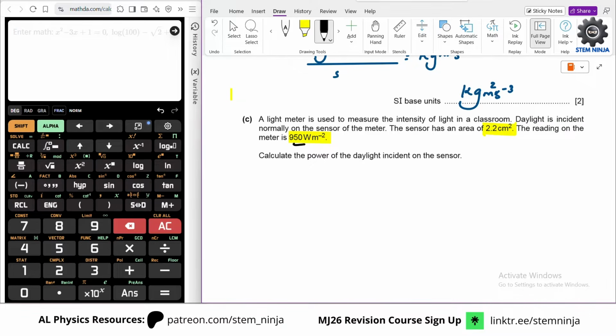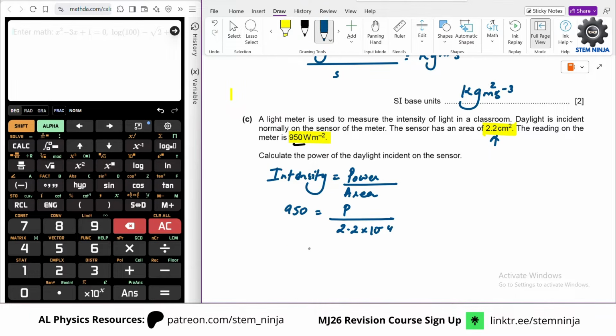So basically this is your intensity, right? Intensity is power over normal area, or perpendicular cross-sectional area. Intensity is given as 950. The area is given, but we don't know the power. We need to convert the area into meters squared, so 2.2 × 10⁻⁴.